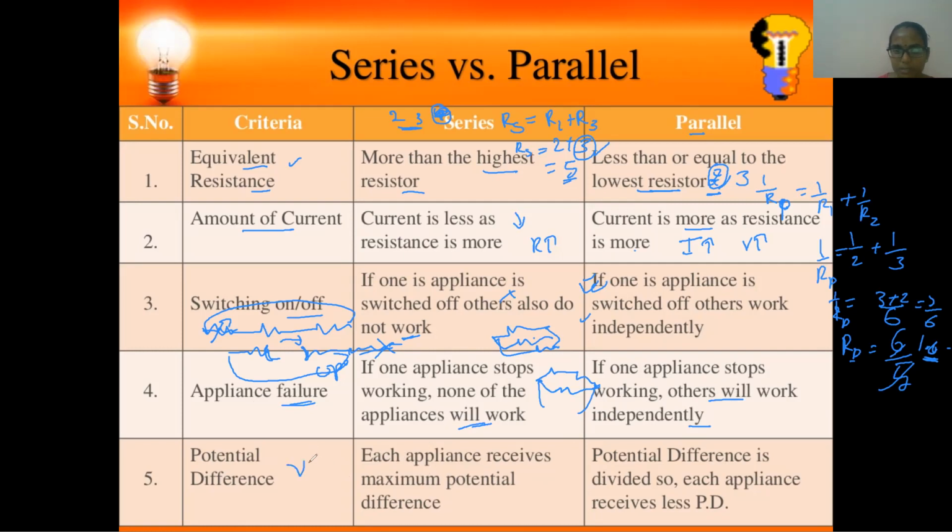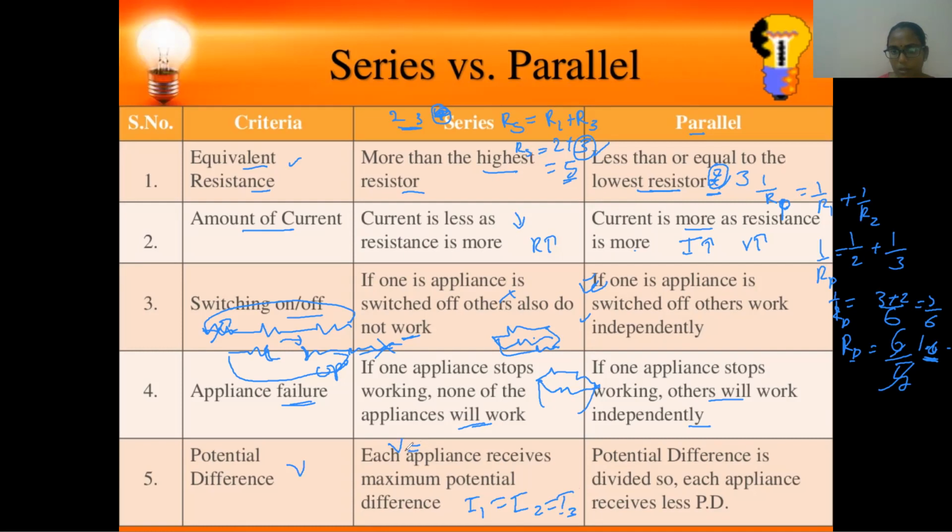Potential difference, that means in case of series combination, an appliance receives the maximum potential difference. In parallel, the potential difference is divided, so each appliance receives less potential difference. Wait, you know that in case of series, current is the same: I1 equals I2 equals I3.